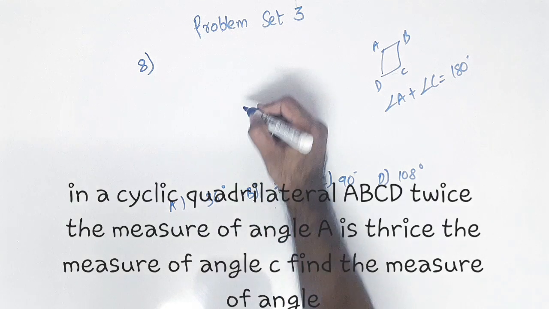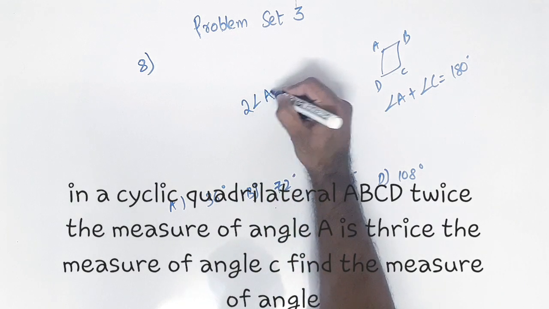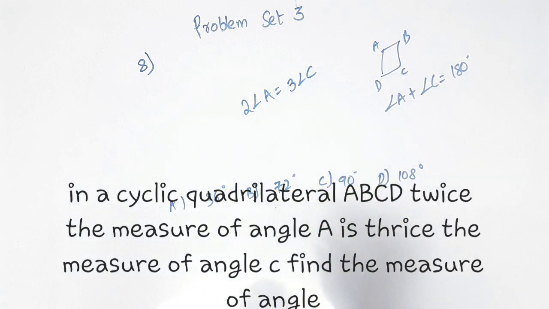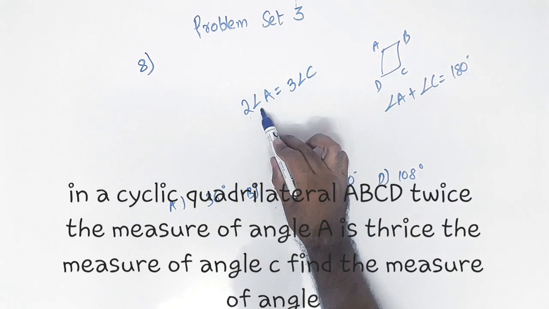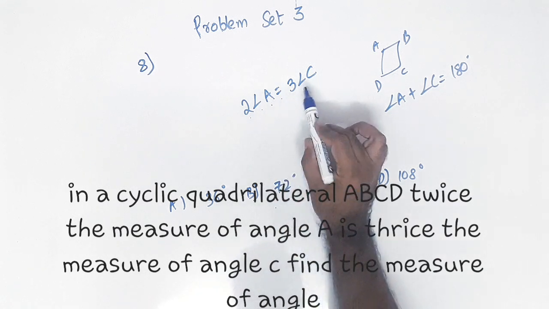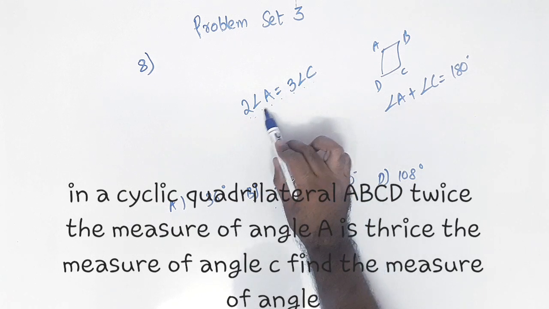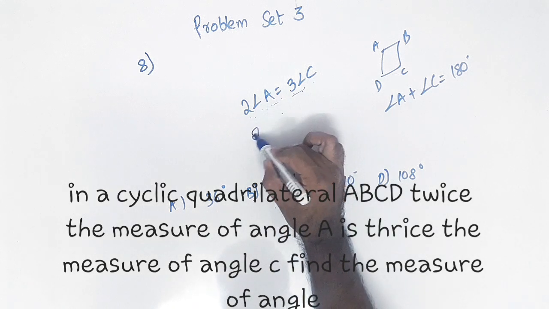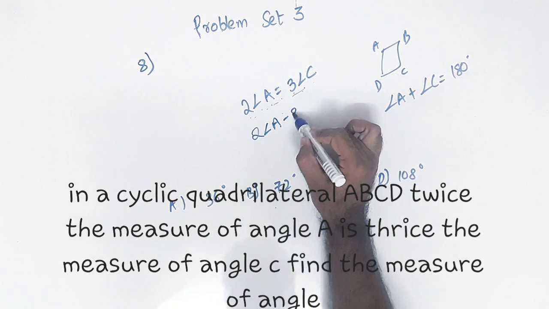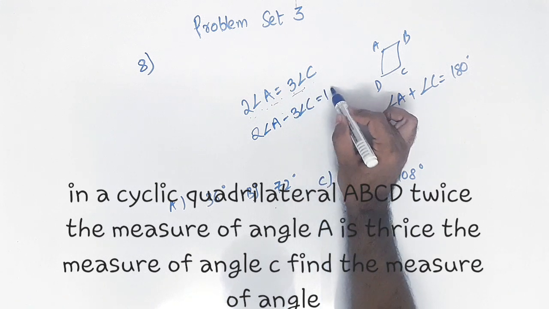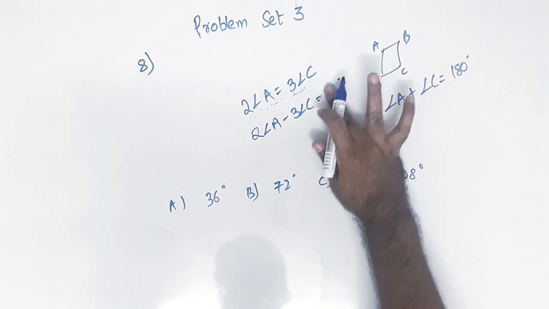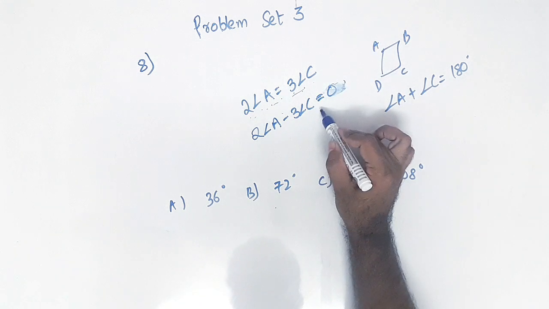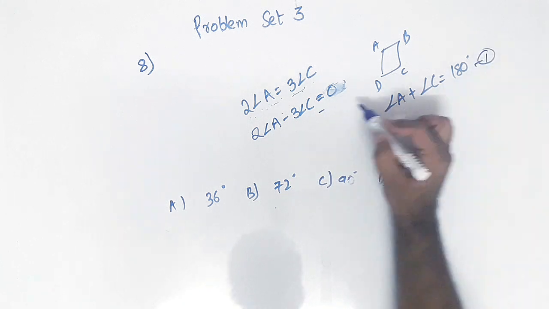Twice the measure of angle A equals thrice angle C, so 2 angle A equals 3 angle C. This will give me another equation: 2 angle A minus 3 angle C equals 0. So we got another equation, this is 1 and this is 2.